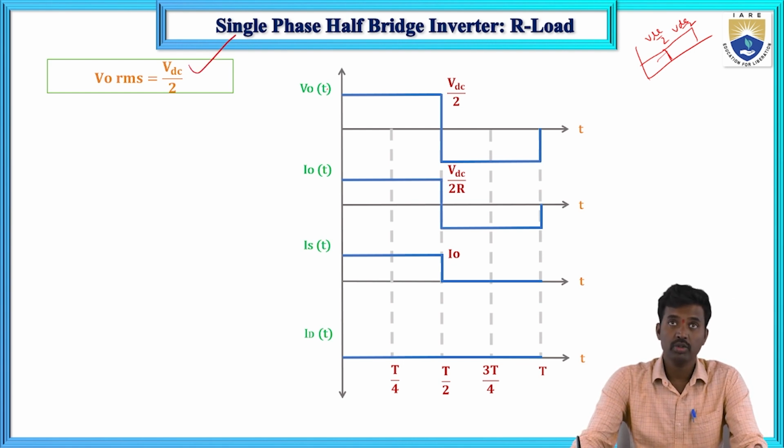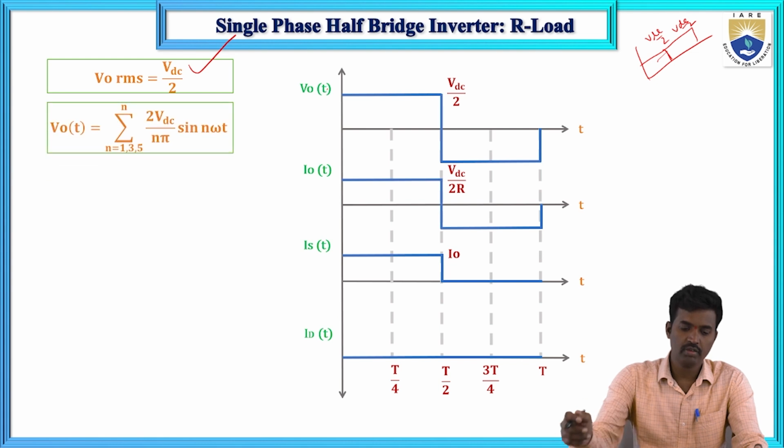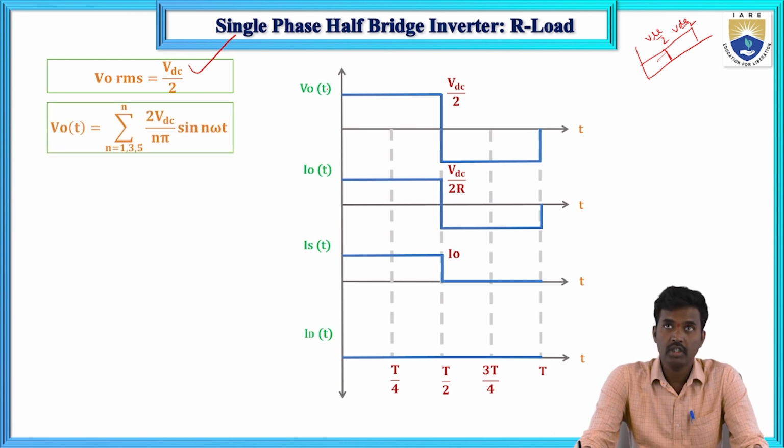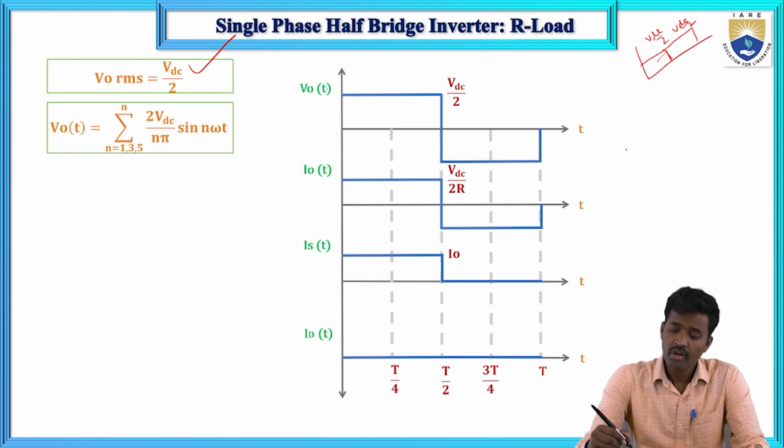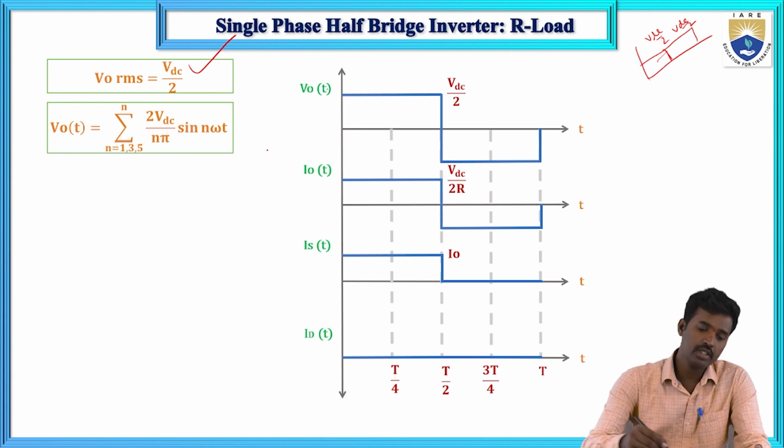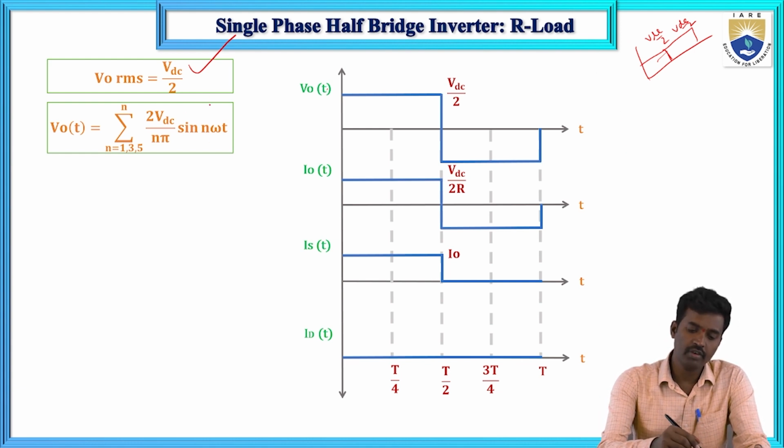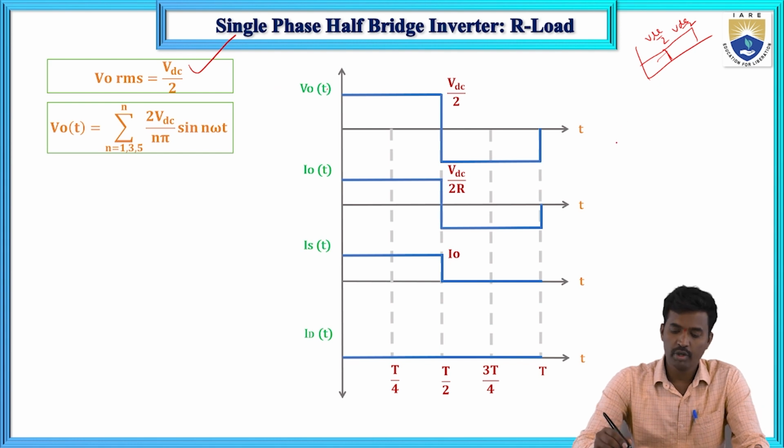And next, what about this Fourier series equation? Any periodic waveform, any square waveform, resolves into a series of sine waves with different frequencies. So here this is the series of sine waves. What is the formula for the Fourier series?